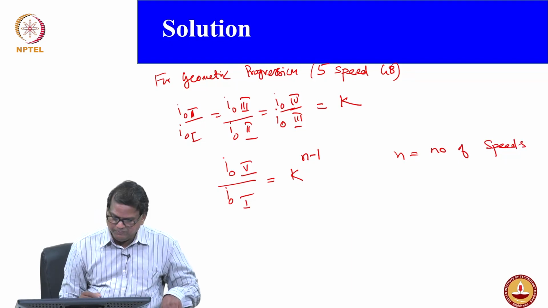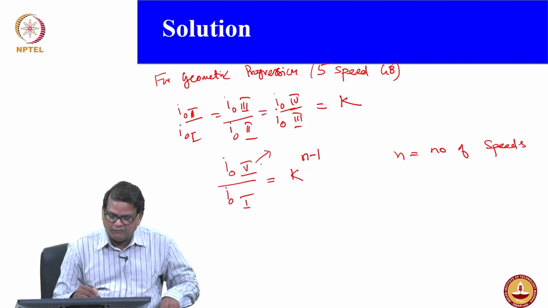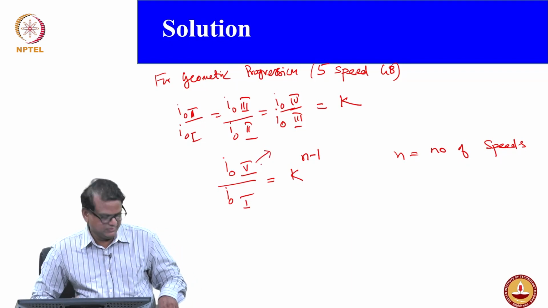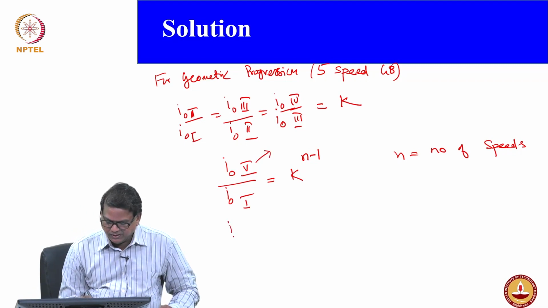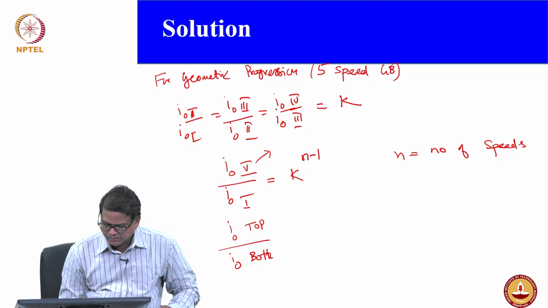And interestingly, this is what happened, IO5 is the top speed, right, that is the top. So, we can rearrange: IO top speed by IO bottom speed, it should be K power of n minus 1.